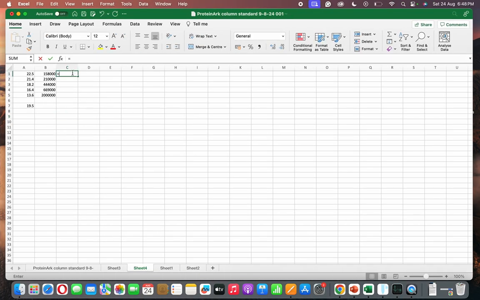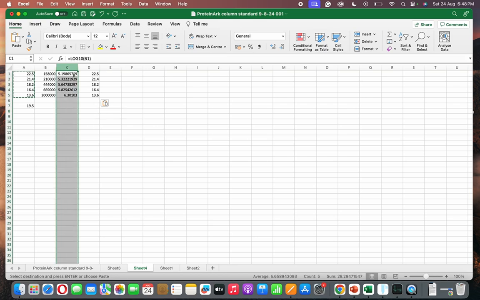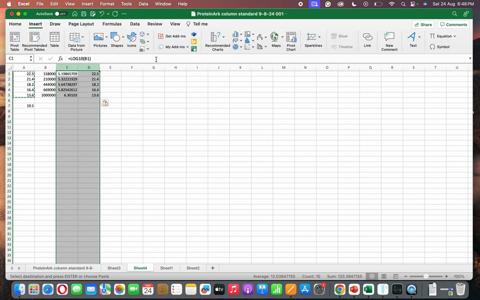So obviously, step 1 is to take the log of this to plot our standard curve. This will take our elution volume here, and we'll plot our standard curve here.